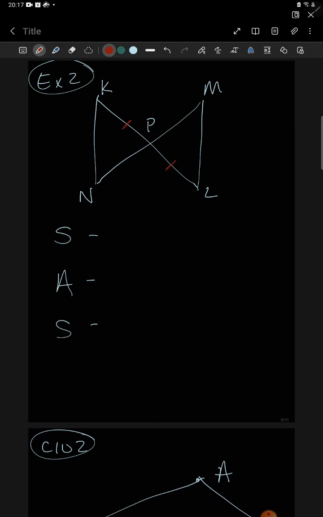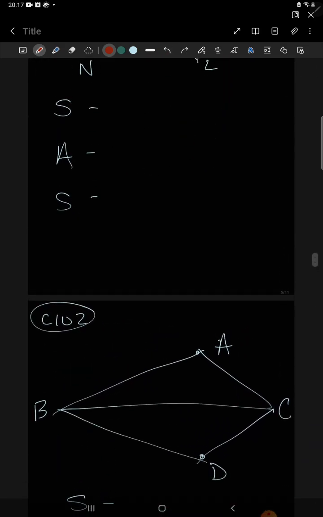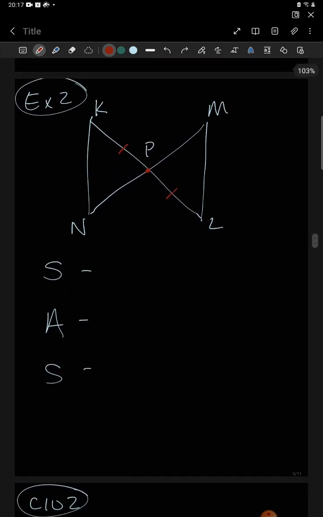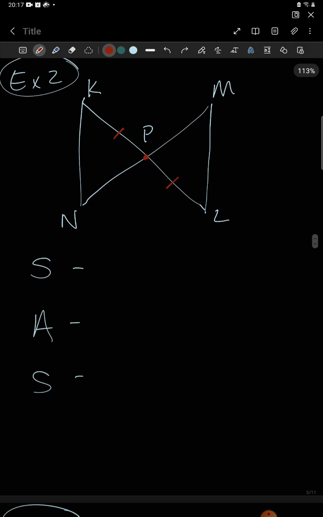So there's one thing we already know about point P. It's the midpoint of that segment. I'm sorry, my tablet's going crazy. We also know that segment NP is congruent to segment MP.